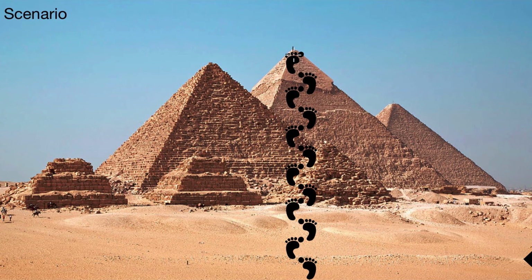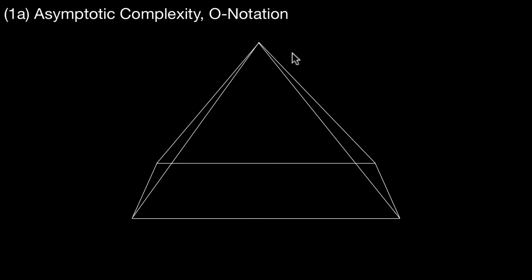And that's what we want to understand with our three techniques. We are in analytical modeling for the moment, so we first have to come up with a model of this reality. Here's our model of the pyramid, and what asymptotic complexity typically does, in a simple way of using it, would be to count the number of steps. Like the steps in a tree, we would count the steps it takes us to get up to the top of the pyramid. So 1, 2, 3, 4, 5, 6, 7, 8, 9, 10, 11, 12. 12 steps, that's fine.